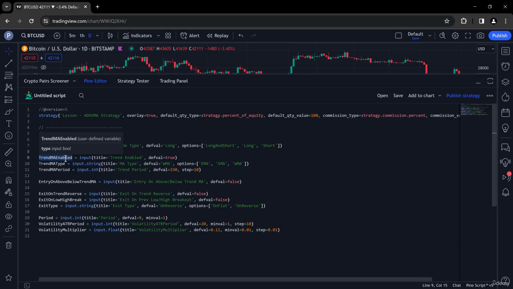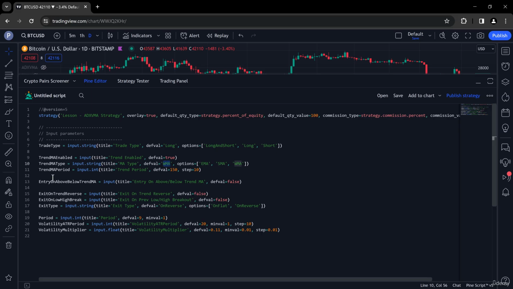So the trend moving average can be enabled or disabled. Then trend moving average type. Our trend could be a moving average of different types. It could be a simple moving average, depending on our selection, a weighted moving average, or an exponential moving average. Default is weighted moving average.